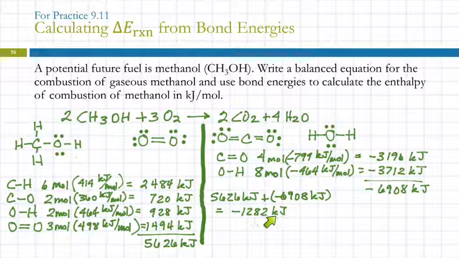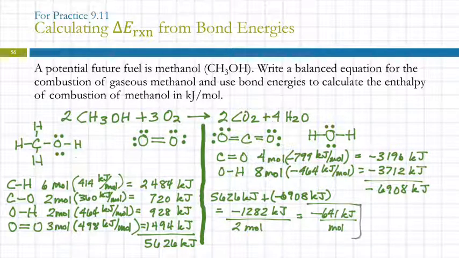This is 1282 kilojoules for 2 moles of methanol, right? So divide this by 2 moles of methanol. So negative 641 kilojoules per mole. That's the answer that's being requested.